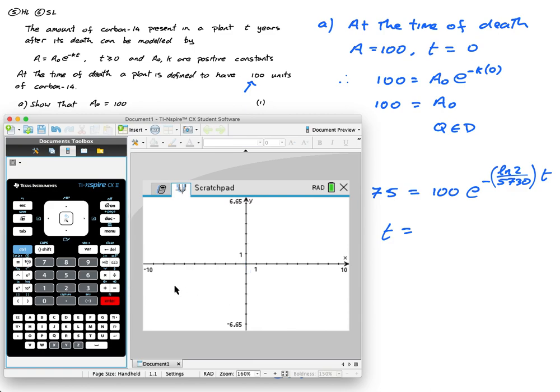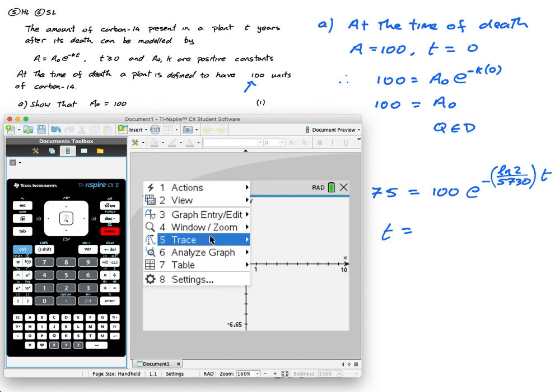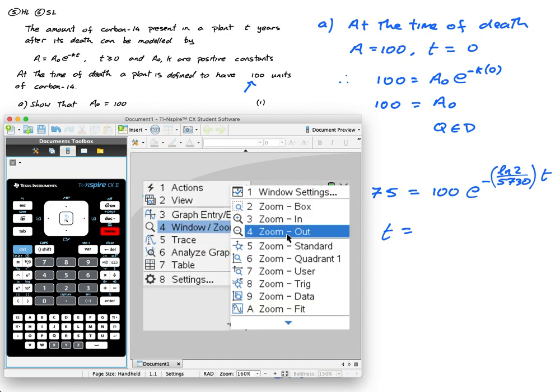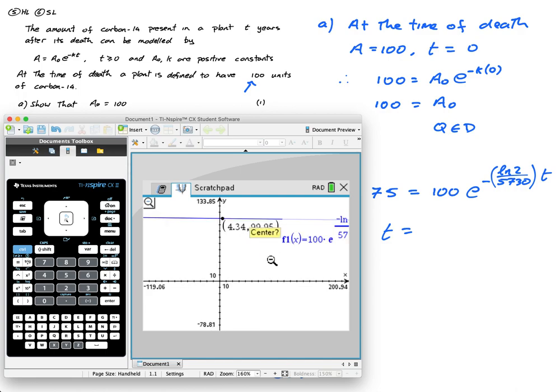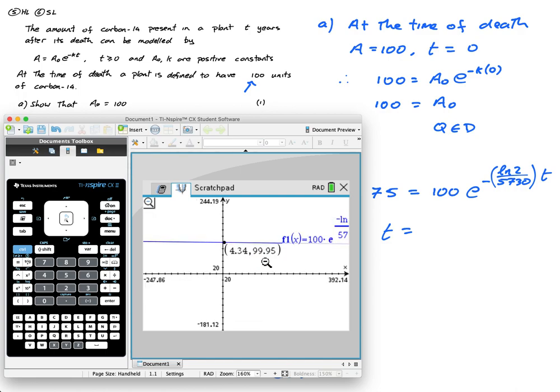Now, unsurprisingly, I can't see that, so I'm going to zoom out. Well, we know it's going to be up here at 100 for 0. Now, I want to know, when does this equal 75?